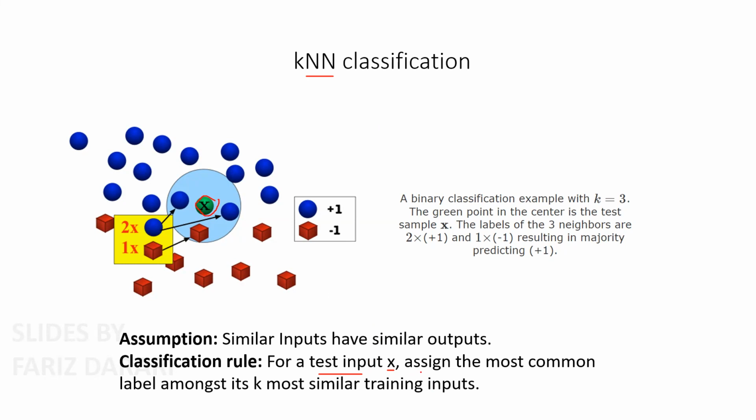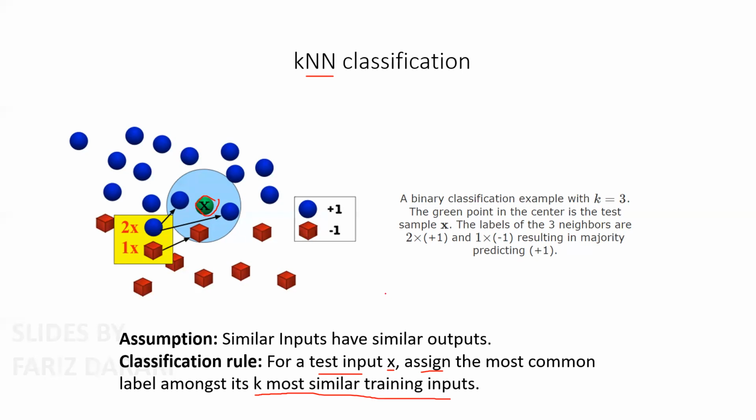So in this case, we assign the most common label of the k nearest neighbors of x. In other words, the k most similar training inputs to x, right?